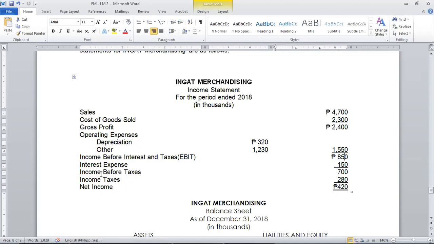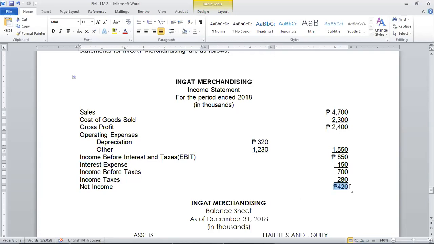When we say income after interest but before taxes, it means the interest has already been deducted, but before taxes, meaning the tax has not yet been deducted. That is the 700. When we say net income, it means that both the interest and the taxes have already been deducted.